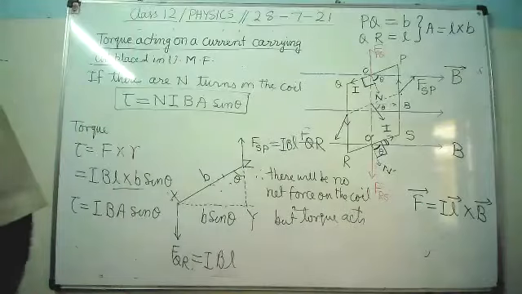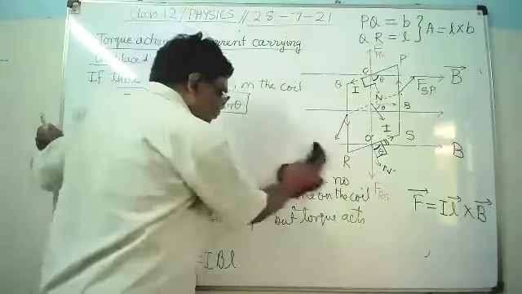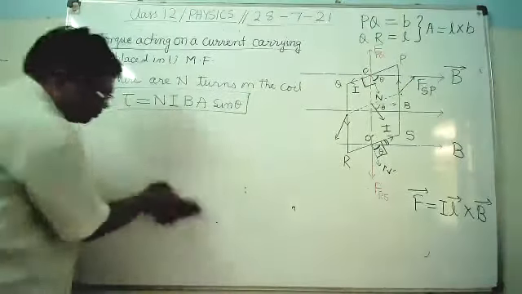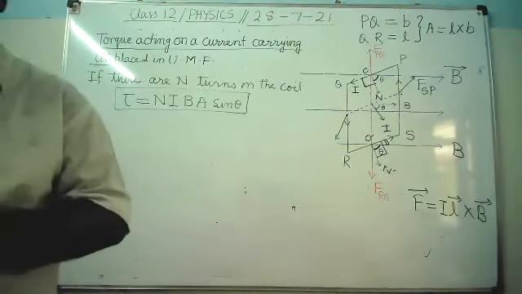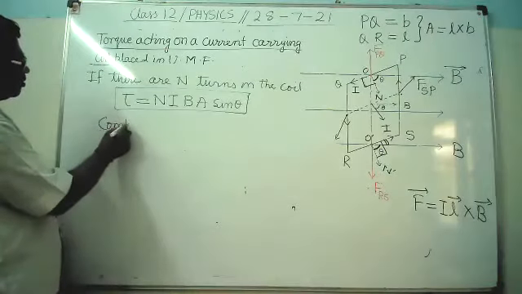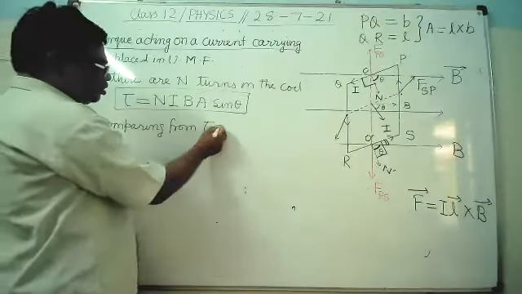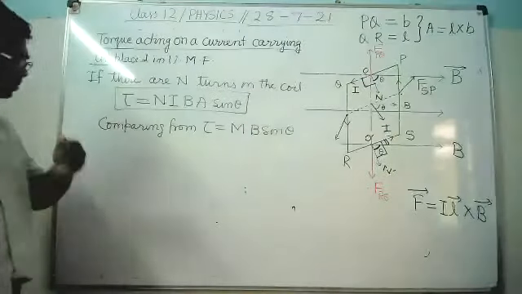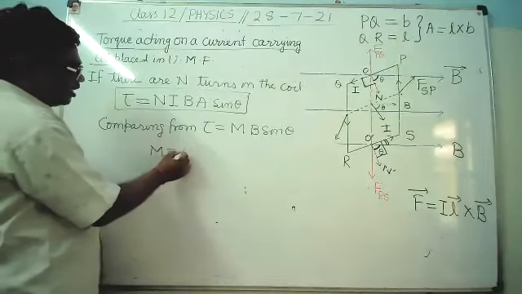Now there are some special cases here, and one more thing. If you compare it with tau equals m B sin theta, then in place of m, you will get NIA.